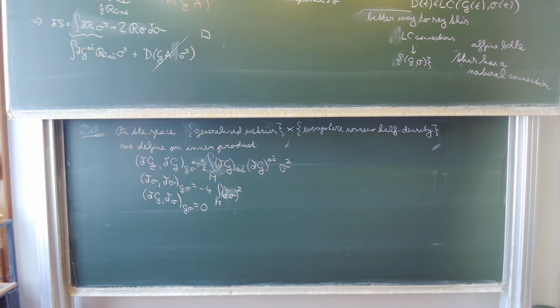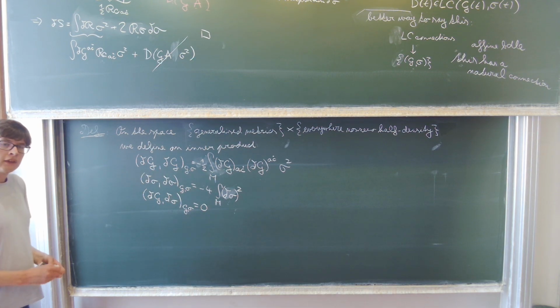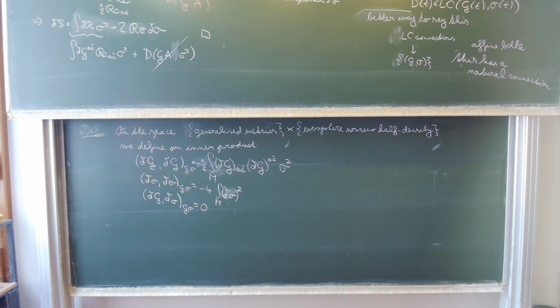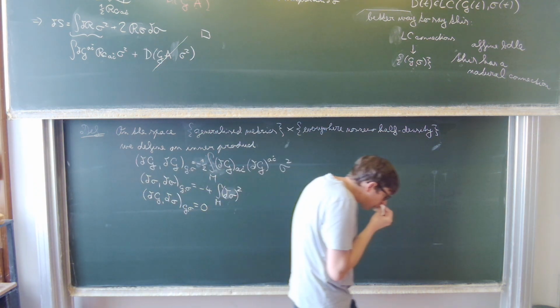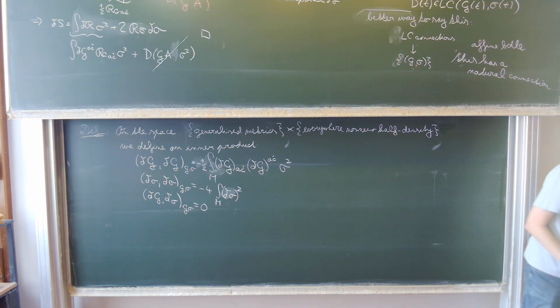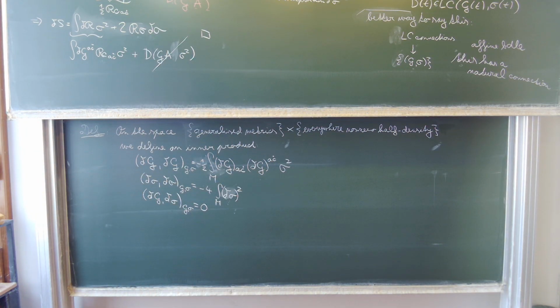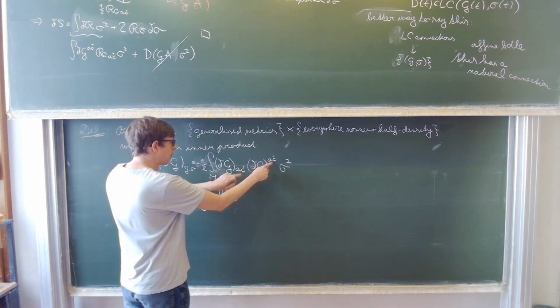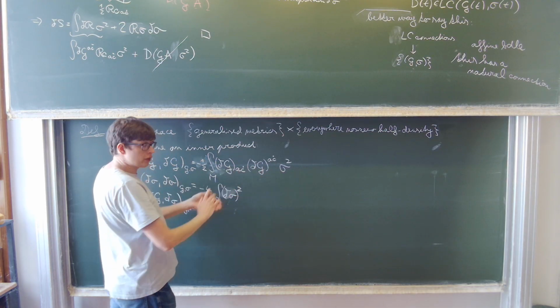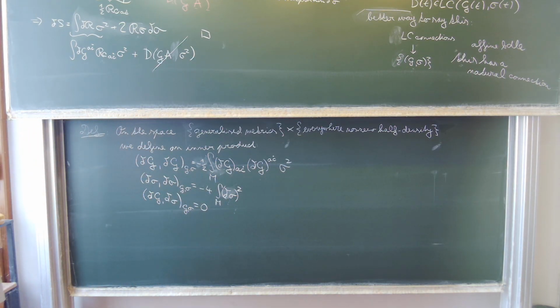So it looks symmetric, definitely, and possibly non-degenerate, or is it a metric? It's not positive definite. You have minuses, but it's as close to a metric as you can get in an infinite-dimensional space.